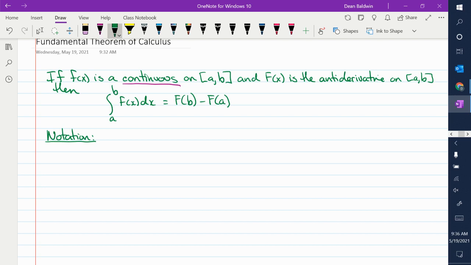So the notation is when you're evaluating the integral from a to b of f of x dx, we get the antiderivative, capital F. So this means find the antiderivative first, and then we're going to evaluate it at a and b.